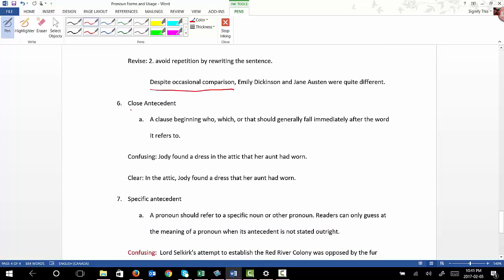You also need to make sure that the pronoun is close to the antecedent. So a clause beginning with who, which, or that should generally fall immediately after the word it refers to. So here is a confusing sentence. "Jody found a dress in the attic that her aunt had worn."